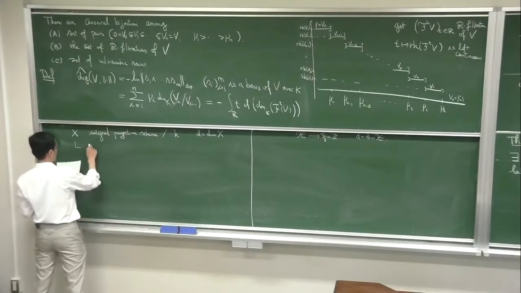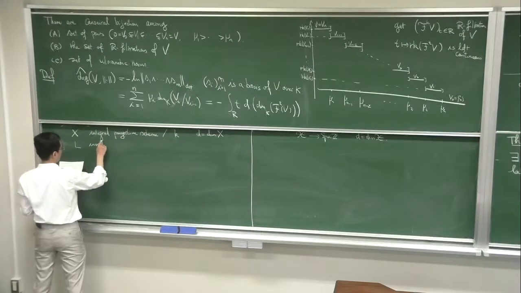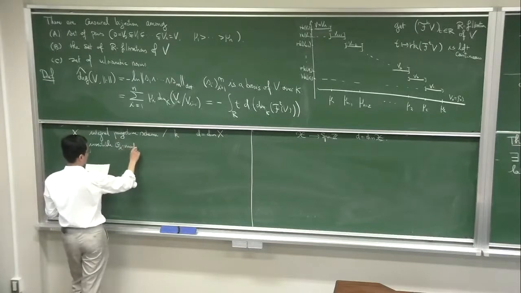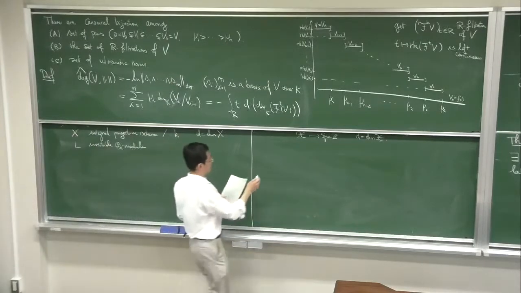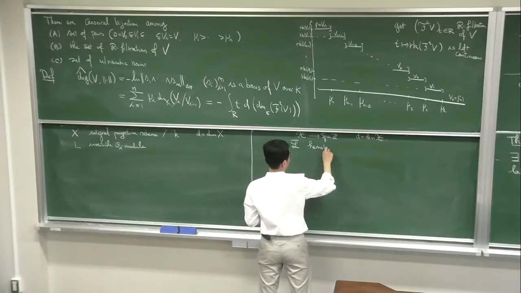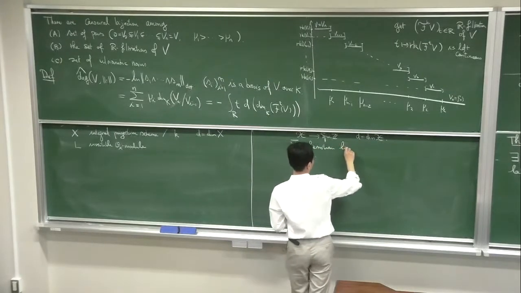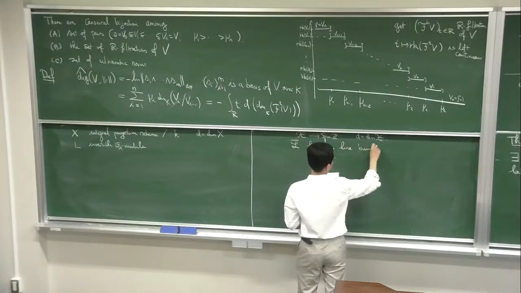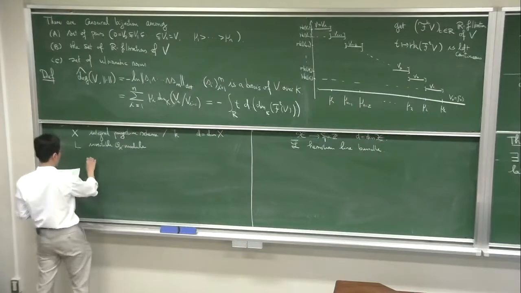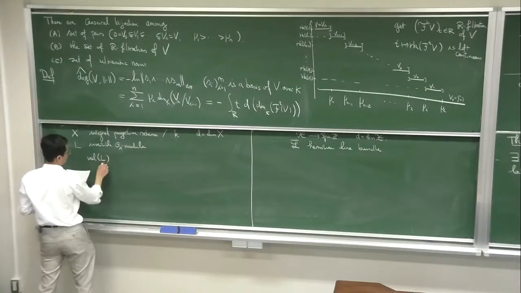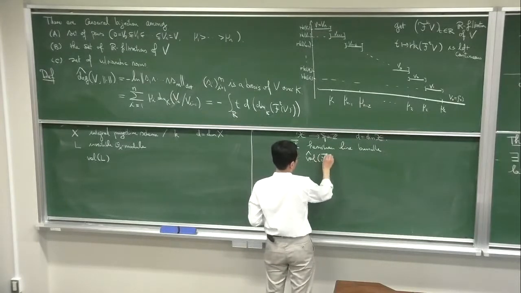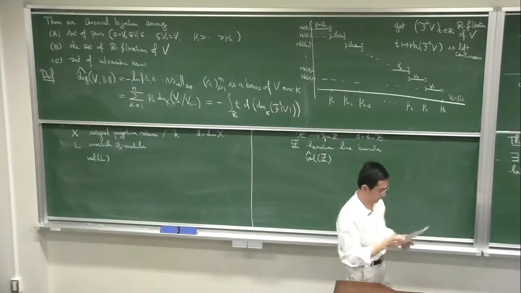Now, if L is invertible, or X modulo, so here you have L bar, a hermitian line bundle. So you have a volume of L, you have a volume hat of L. So you have observed the definition there.